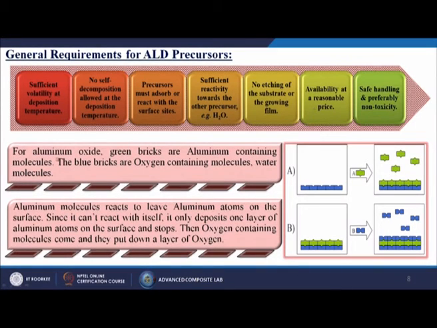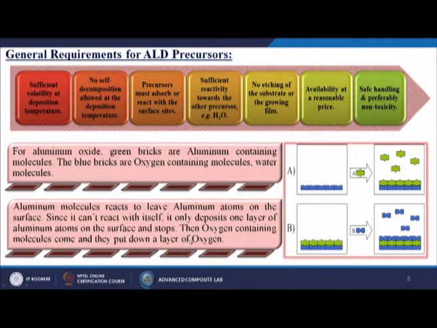So, for aluminum oxide, the green bricks are aluminum containing molecules, and the blue bricks are oxygen containing molecules, or maybe water molecules. When we put the A reactive gases over there, the aluminum attaches with the water molecules, then we have to introduce the B once again.